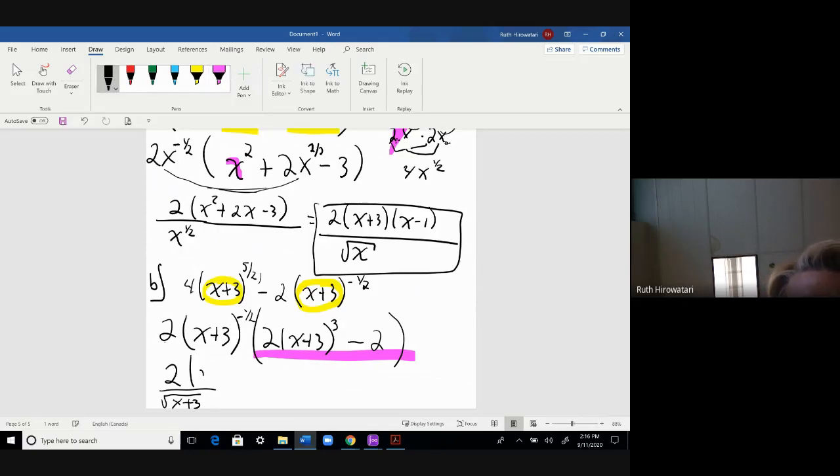So pull out the 2, and you've got x plus 3 cubed minus 1, which would simplify to 4 bracket x plus 3 cubed minus 1 all over the square root of x plus 3.